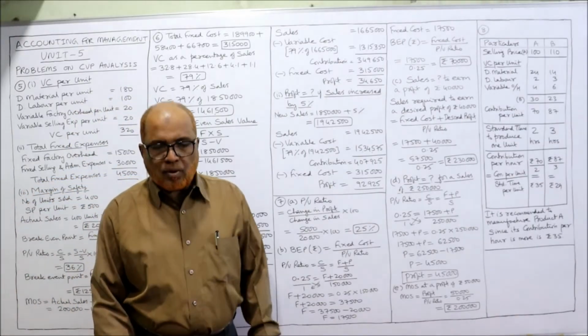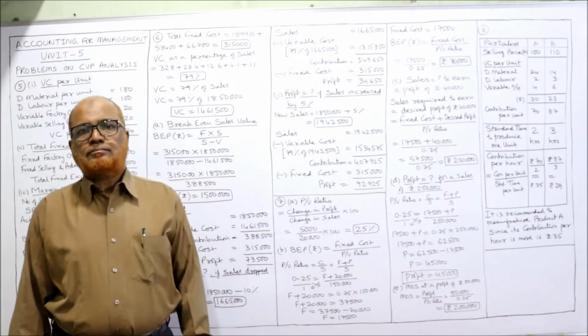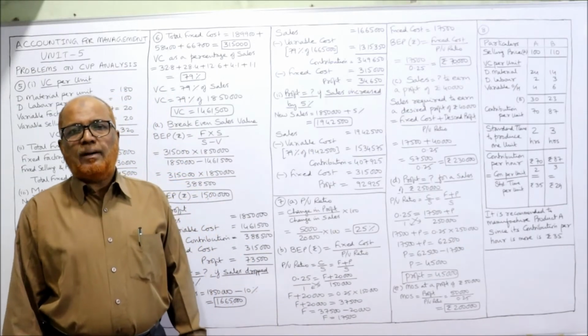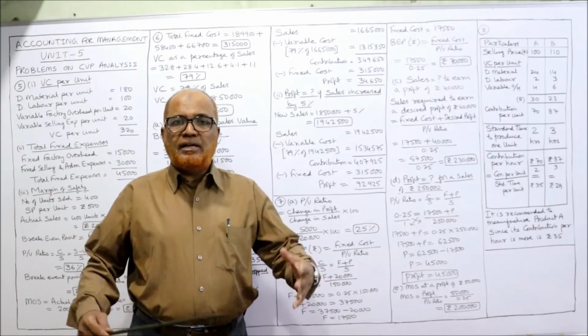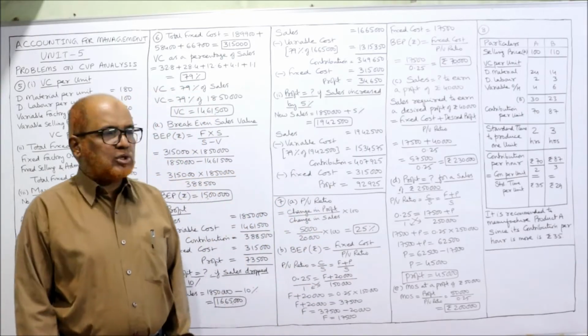Now fourth bit, profit is equal to how much for sales of 2,50,000. If sales are 2,50,000, how much would be the profit? Again, we'll make use of the PV ratio formula. It's a multi-purpose formula. For many purposes, we can apply this formula of PV ratio.